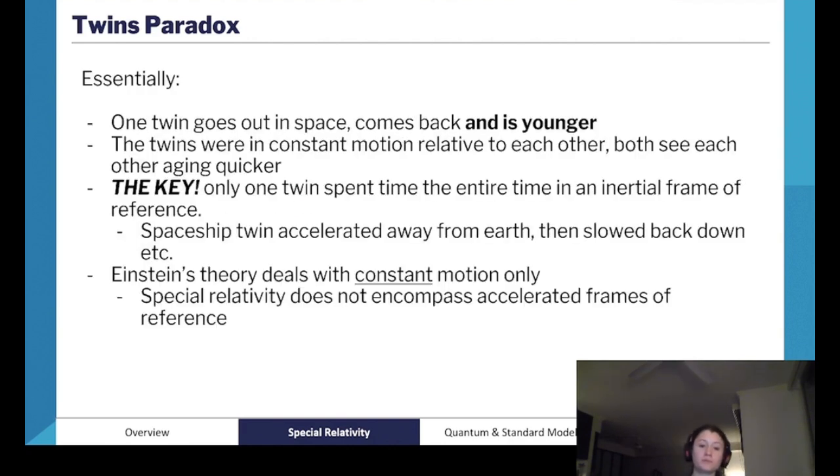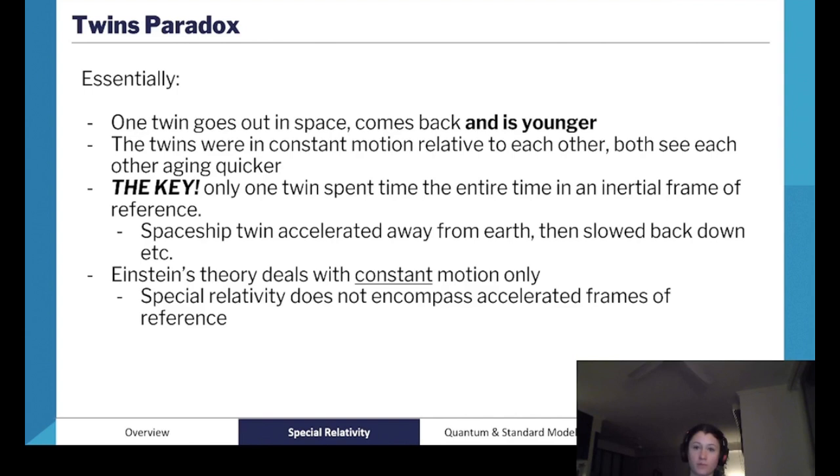So, essentially, one twin goes out in space, comes back, and is younger. The twins were in constant motion relative to one another, and both see each other aging quicker.